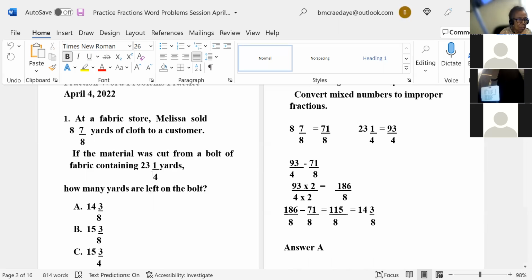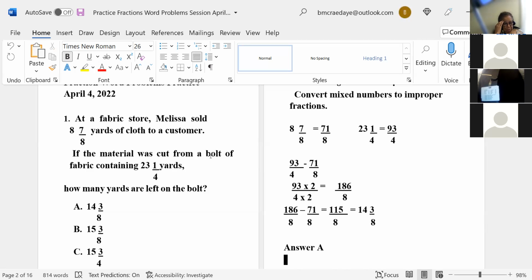But the 7/8 you can't subtract from the 2/8, so you'd have to take 1 from this 23 and make it 22 and 10/8. I don't know if it's easier if you do it that way. That would be the way I would do it. But I don't know if that's easier for you.